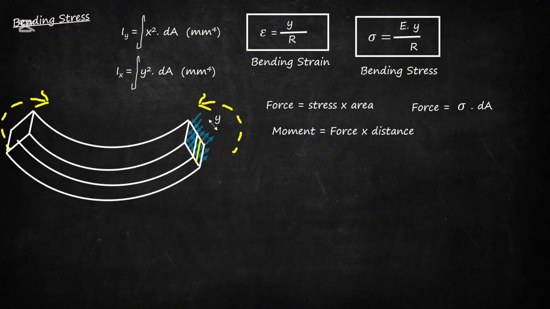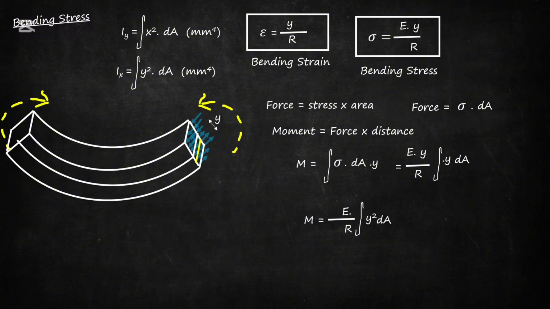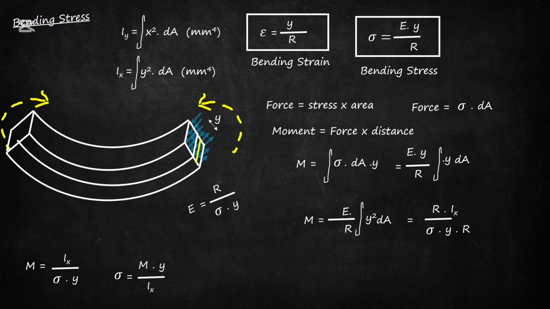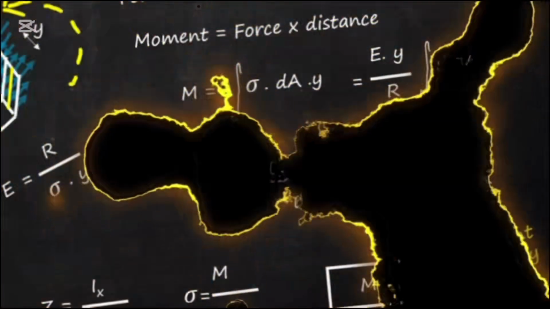Moment equals force into distance, and if we integrate it, we get sigma dA into y, and arranging it, we get y dA, and then putting it inside, we get y squared dA, where E equals R by y. We get that from the bending stress formula, and substituting that, we get moment equals sigma into I by y. Moment equals I, sigma by y, which is sigma equal to M y by I. We know that Z equals I by y max, and substituting that, we get M by Z.